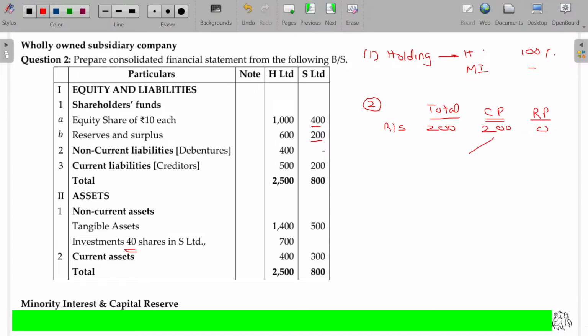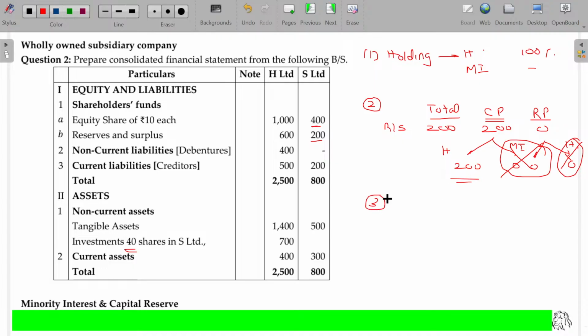This 200 will be shared between holding company and minority interest. Similarly, this 0 will also be shared between minority interest and holding company. 100% is held by the holding company, so the entire 200 goes to the holding company. Minority interest being 0, here also 0. You need not worry about that. This also has no meaning at all. So we have to record only this one.